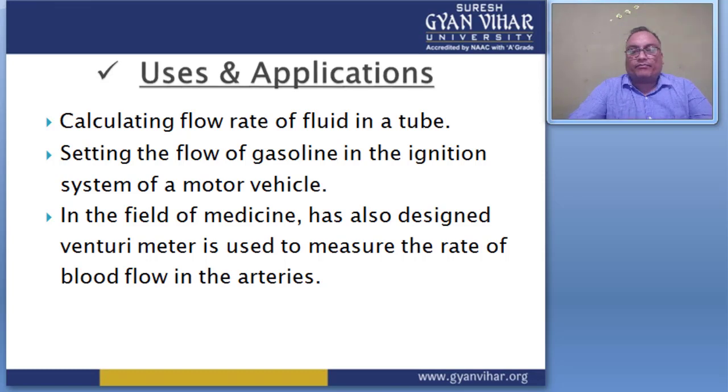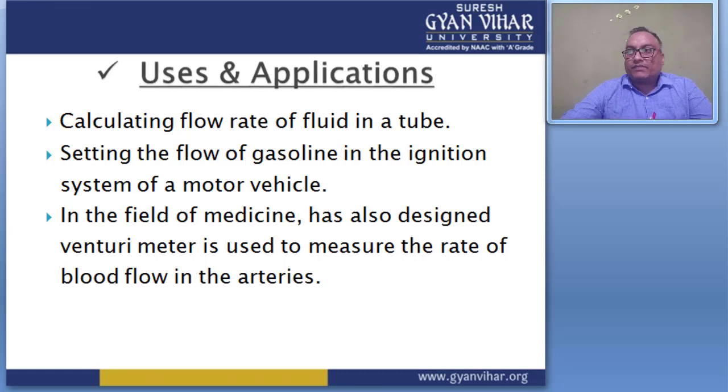Some more applications: the venturimeter principle is used in the carburetor of an engine and in the automobile sector to measure flow, and in process industries like piping industries to measure and control process flow. And one more is to measure the fluid flow inside the pipe. This is the main application and use of the venturimeter.